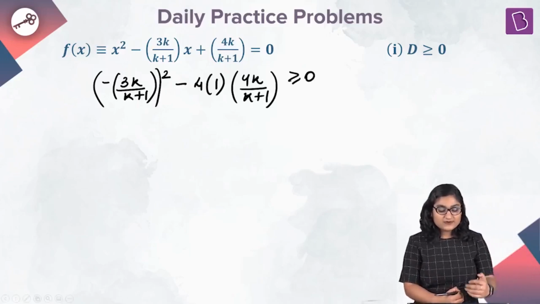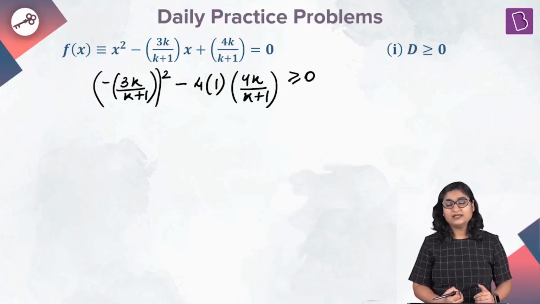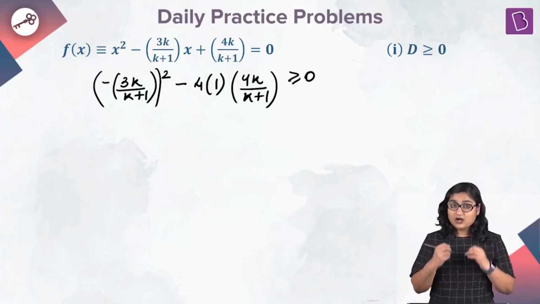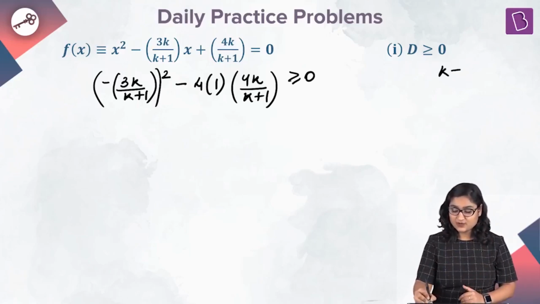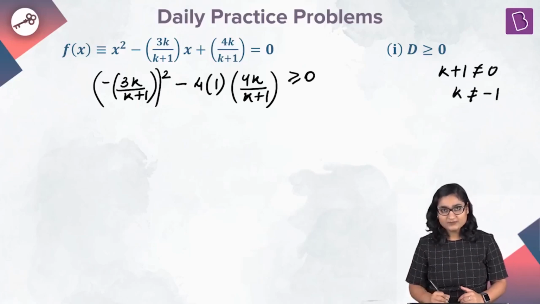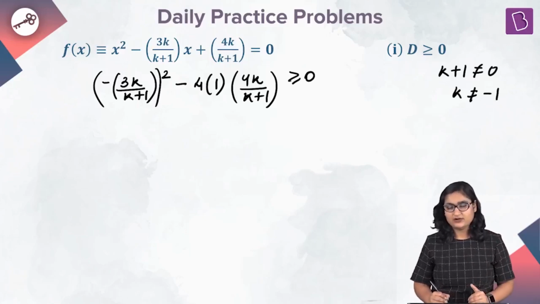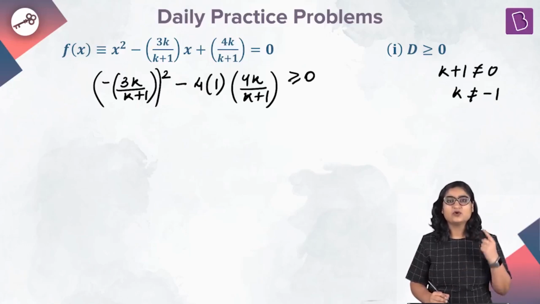All right. Now, if I simplify it further, after multiplying this complete inequality with k plus 1 the whole square, can I do that? Let's check. Earlier, we had said that for the quadratic equation to be defined, k plus 1 should not be equal to 0 or k should not be equal to minus 1. So it's safe to multiply this complete inequality with k plus 1, all right? But in this case, we are multiplying this inequality with k plus 1 the whole square.